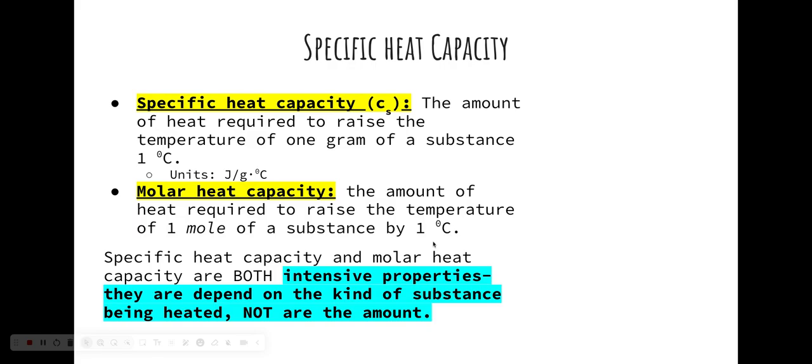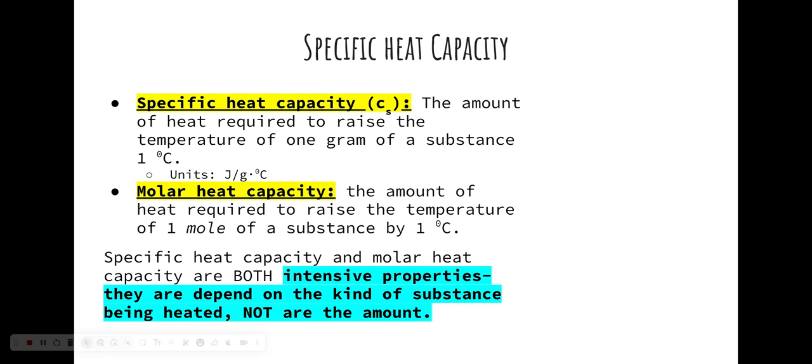Now, specific heat capacity and molar heat capacity are both intensive properties, which means that they depend on the kind of substance or the type of matter that's being heated, not the amount.